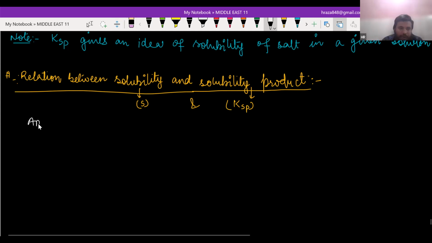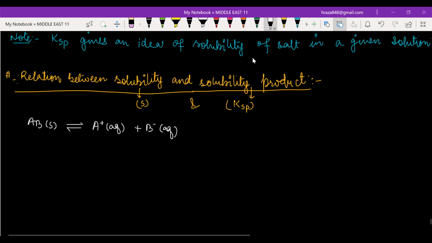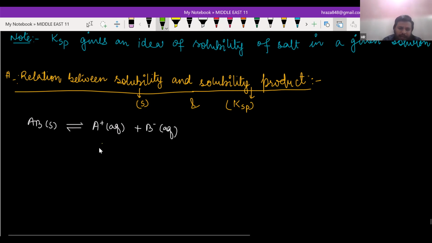Now we have a salt AB. In aqueous solution, it will be converted into A+ aqueous and B- aqueous. You know that 1 mole of this will give 1 mole of A+ and 1 mole of B-, right? So just suppose the solubility of this is S. So the solubility of this will also be equal to S, right?